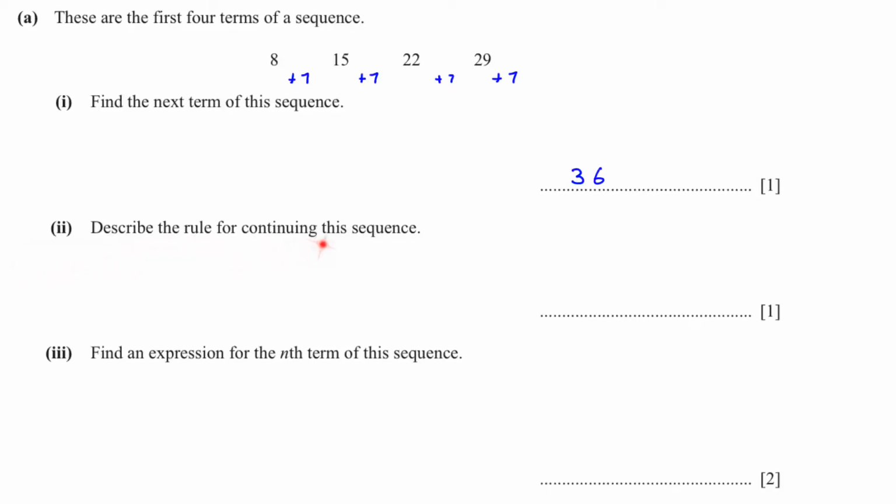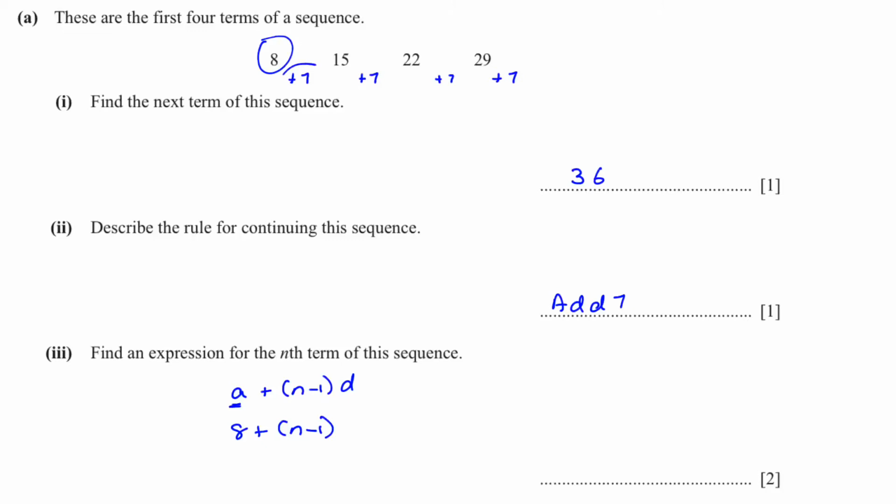A2, describe the rule for continuing this sequence. We add 7. A3, find an expression for the nth term of this sequence. To find the nth term, we use the formula a plus (n minus 1)d. A is your first term, which is 8.